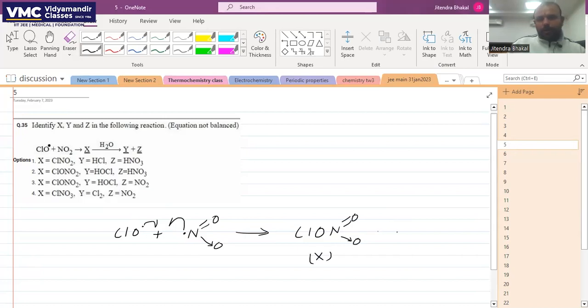Then on reaction with water, hydrolysis of this will take place like this. So this hydrogen will go with ClO and it will form HOCl and HNO3.